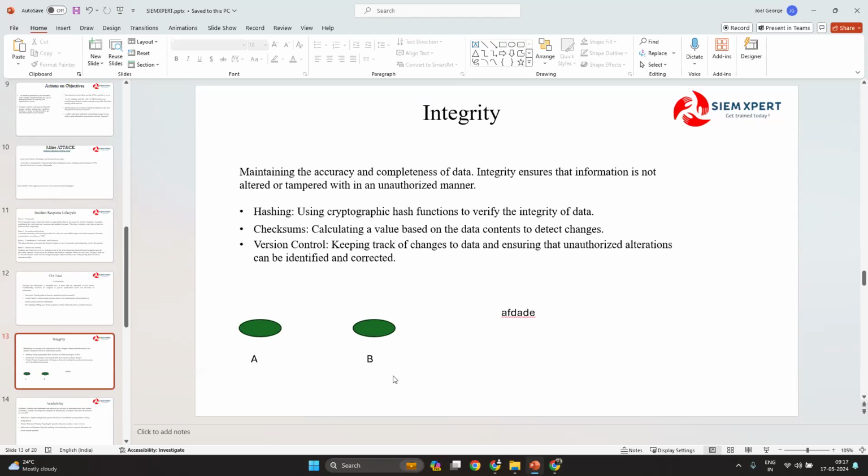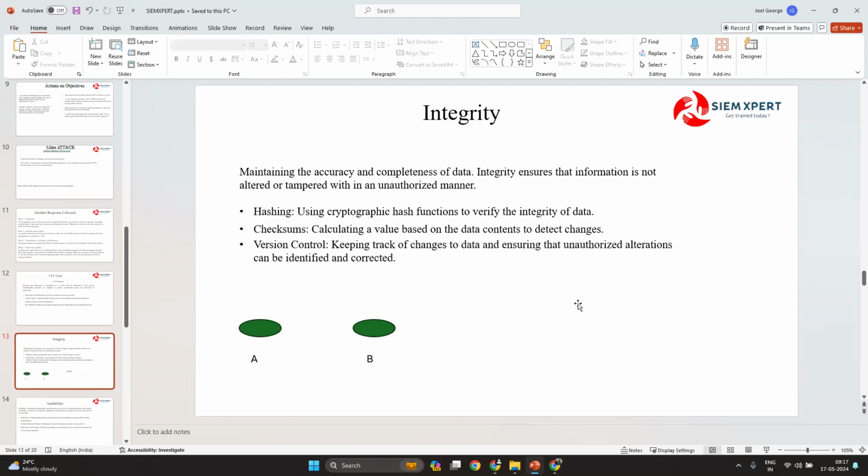Now when B gets the message from A, he runs a hash of the message. A would also tell B what algorithm was used. So when A and B run the same algorithm on the data, and if the hash remains the same, it basically means the data was not tampered.